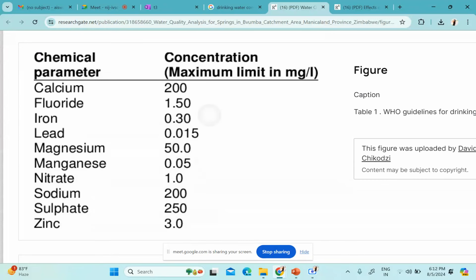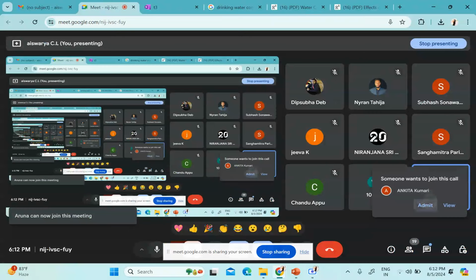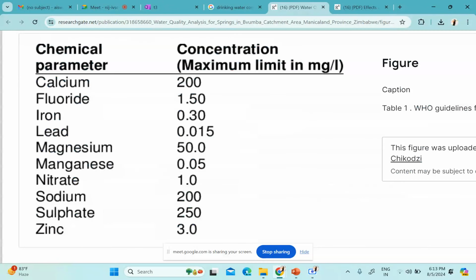Here they haven't given arsenic. Even in some groundwater sources, arsenic can be present, but in a very, very minor quantity. If it is very small, we can't call it a contaminant.